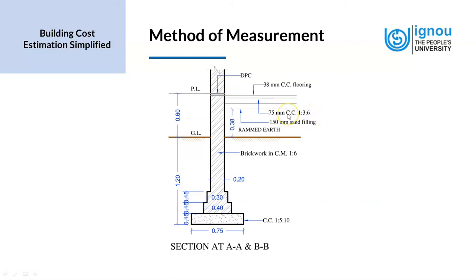And above this 75 mm CC 1:3:6, we have a 38 mm CC flooring. So these are the dimensions that we will familiarize ourselves with, and now we look at how to take the quantities based on the information available.